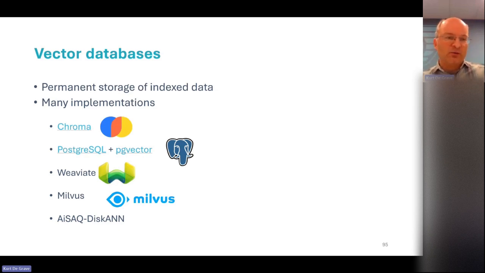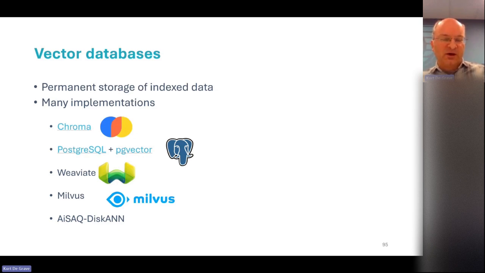You can also upgrade an advanced SQL database like PostgreSQL with an add-on, a pgvector add-on, where you have vector database functionality combined with all the benefits that you get from a standard SQL database. So it has full ACID compliance, but it might not be the fastest vector database when you look at it purely as a vector database.